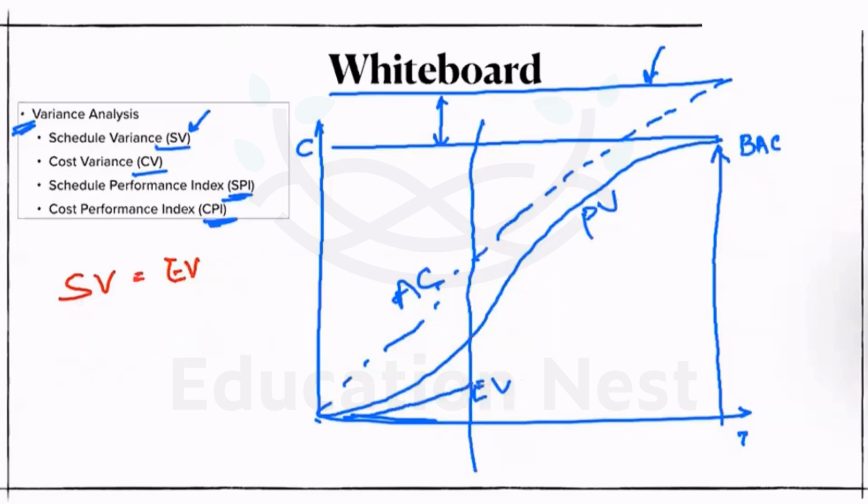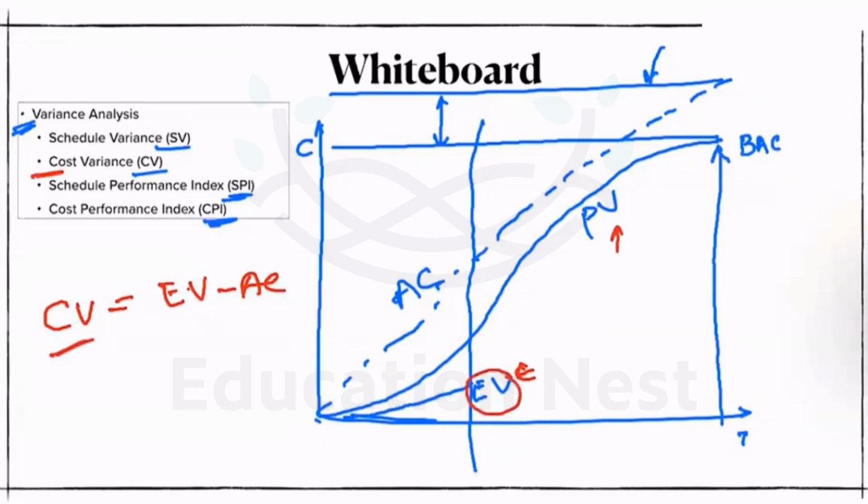Yeah, let's learn about the cost variance. What is the cost variance? CV, we're talking about here. CV is the difference between EV and the actual cost. Earlier we discussed it was the difference between EV and PV. So the CV is nothing but the difference between EV and the actual cost.